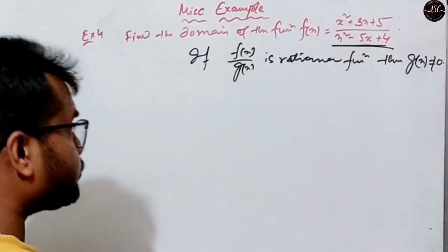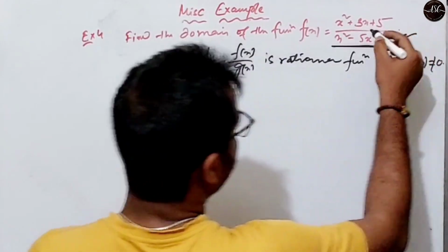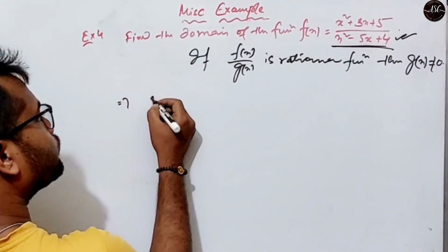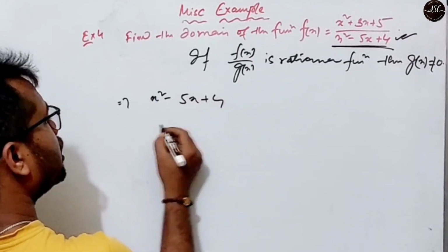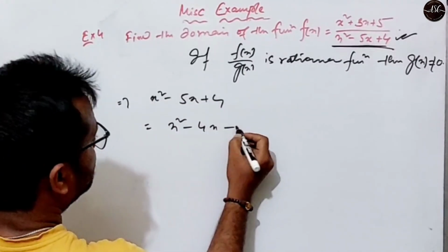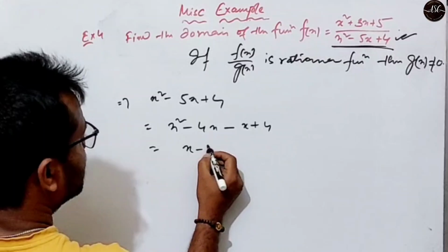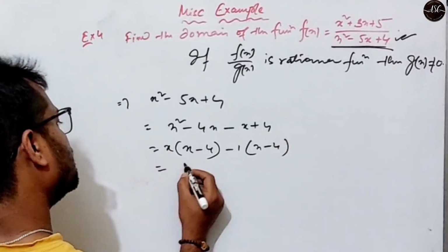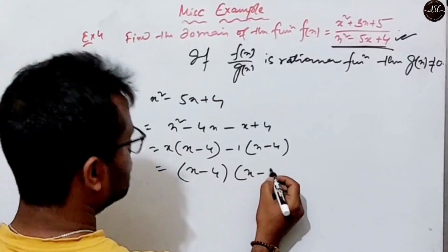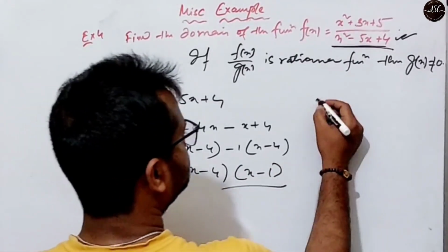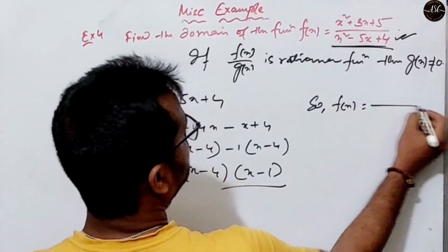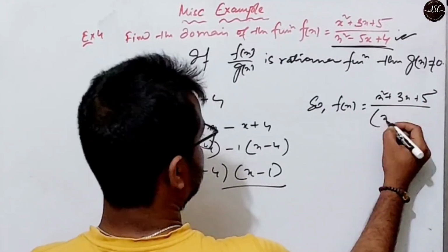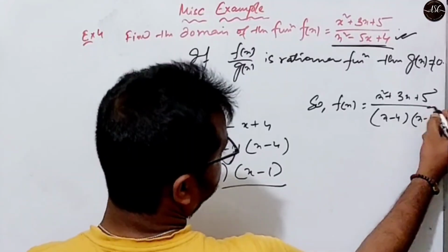That means we first factor this equation. Now x square minus 5x plus 4 equal to x square minus 4x minus x plus 4, equal to x(x - 4) - 1(x - 4). That means (x - 4) into (x - 1). So f(x) equal to (x square plus 3x plus 5) by (x - 4) into (x - 1).